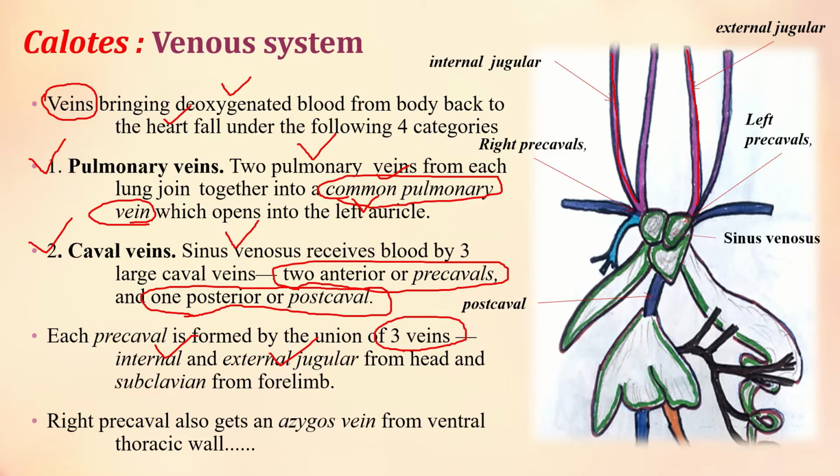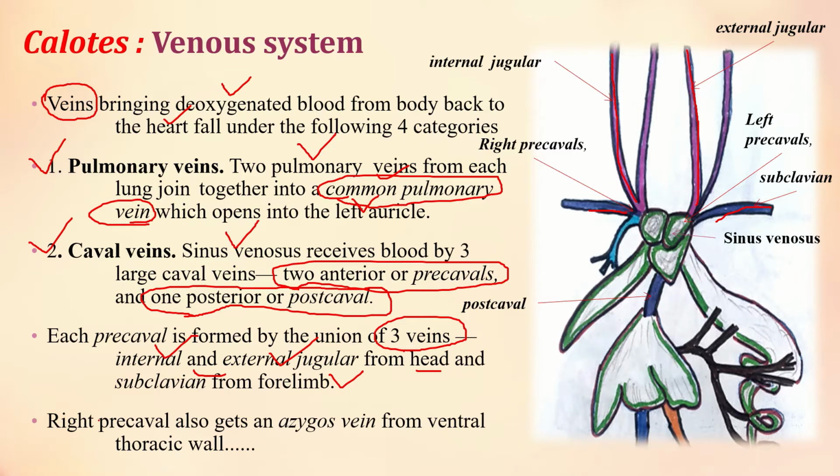So the internal jugular vein and external jugular vein are the branches of the precaval veins which collect blood from the head region, and a pair of subclavian veins which collect blood from the forelimbs. So internal jugular, external jugular and subclavian form the precaval vein.